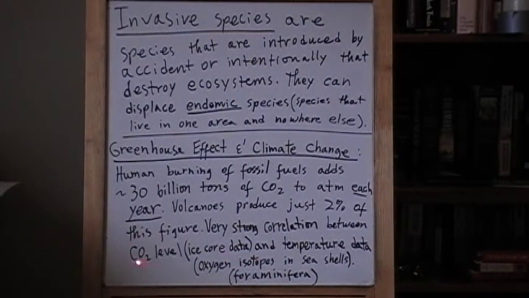So this means that the more CO2 you add to the atmosphere, the hotter it gets, and vice versa. So if we can find a way to either stop burning fossil fuels or a way to remove the excess CO2 from the atmosphere, then we may be able to get back to more manageable temperatures.